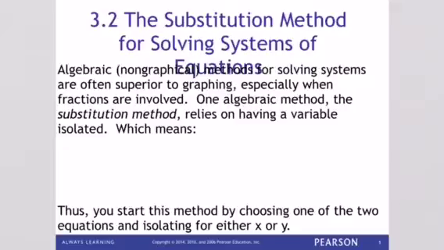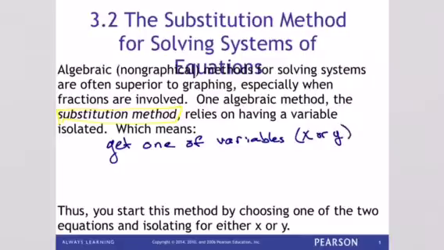So one of the algebraic methods, the substitution method, which is what we're learning here, relies on having a variable that's isolated. So what does that mean, to isolate a variable? It means to get one of the variables, either x or y. Now, a lot of times we have some other variables than x or y, but this illustrates the point.